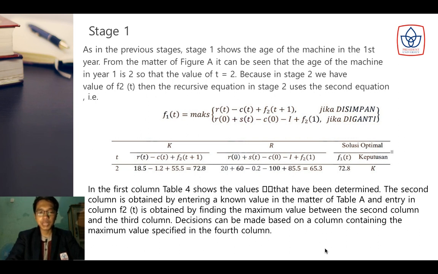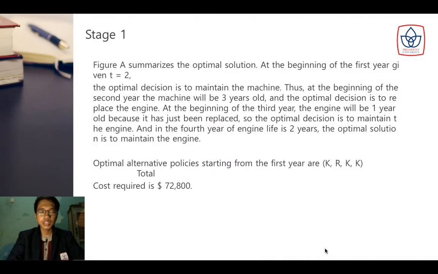In the first column, table 4 shows the values that have been determined. The second column is obtained by entering a known value from table A, and the entry in column F1 is obtained by finding the maximum value between the second column and the third column. The decision is based on the column containing the maximum values, specified in the fourth column. So we are going to stage 1, or the last stage.